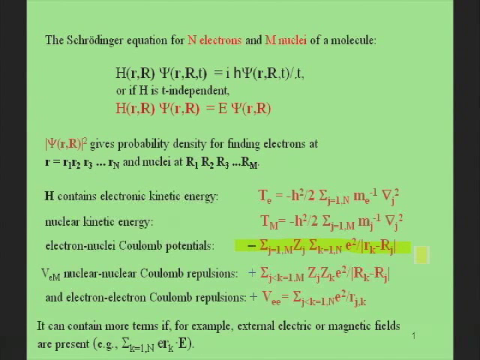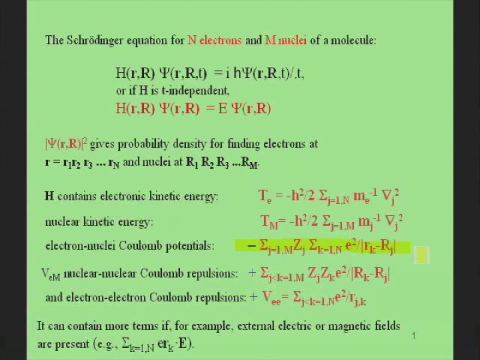So for example, this term is minus the summation over j going 1 to m, that's all the nuclei, times the charge of nucleus j, times the summation k going 1 to n, that's all the electrons, of e squared over distance of electron k to nucleus j. So they tend to be attractive potential energy terms.